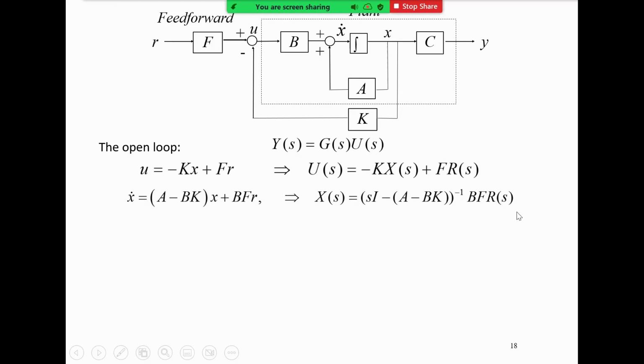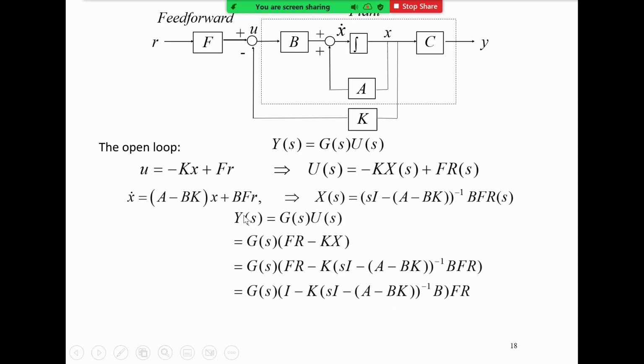But in this derivation, you notice that there is no initial condition, right? Whenever you try to derive the transfer function, you always assume that the initial conditions are zero. You don't need to consider that. So you get those x. Then we can get the transfer function. So y equals G times u, but now this u is Fr minus kx.